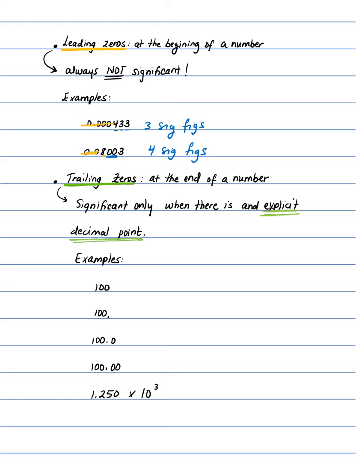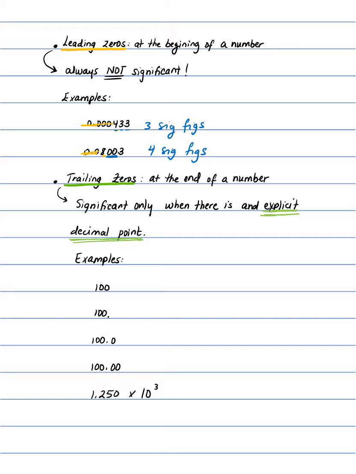So looking at my examples, the first example is 100. The 1 in that number is significant because it's a digit different from 0, so it's always significant. And now you have two zeros after that 1. Those two zeros are trailing zeros, at the end of a number.